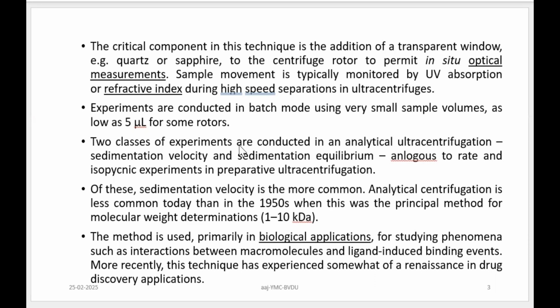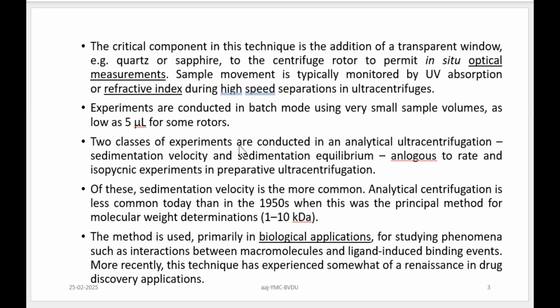Ultracentrifugation, of course, earlier was a very common practice for determining sedimentation velocity. The principal method is useful for determining molecular weights in the range of 1 to 10 kilodaltons. But it has more applications beyond this.